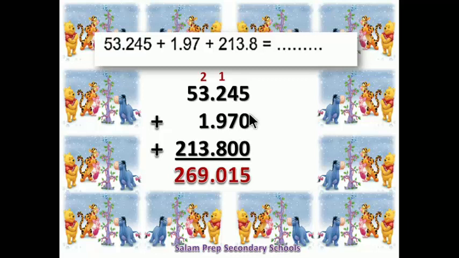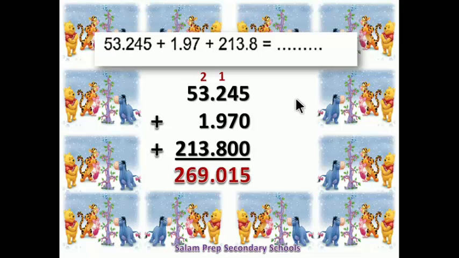Please write each digit in its own place, okay? The third number 213.8, we need to put 2 zeros to balance decimal numbers, okay? Please put each digit in its own place, like this.